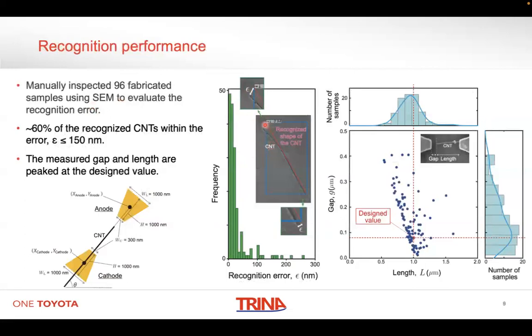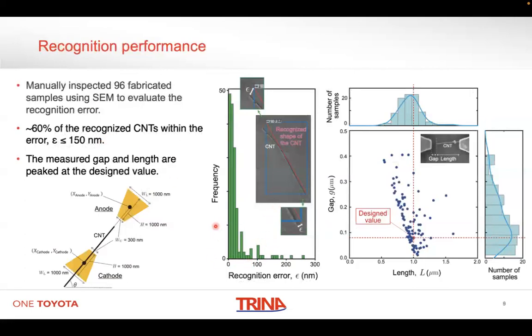In this box, we assume that the recognized CNT has the shape of a straight one, this one. But unfortunately, the CNT is somewhat bent like this one. So we can observe some error at each edge, this one and this one. This error was measured manually.